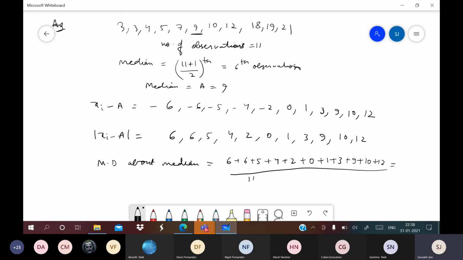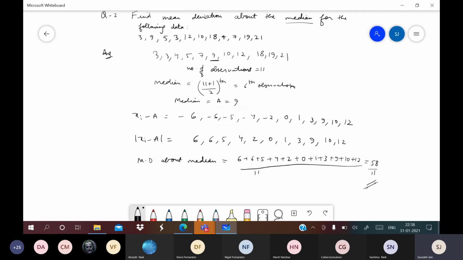So this sum 12, 17, 21, 23, 24, 27, 36, 40, 58, 58 by 11. This is the answer. This is the mean deviation about median. So I hope this is clear.